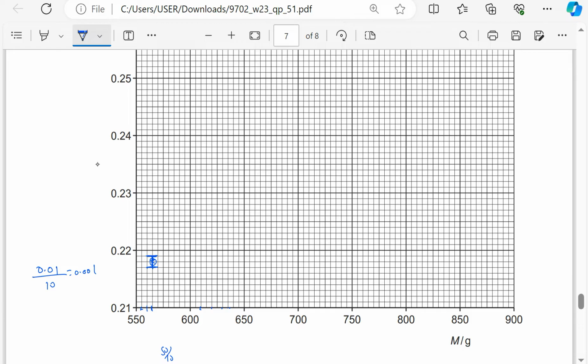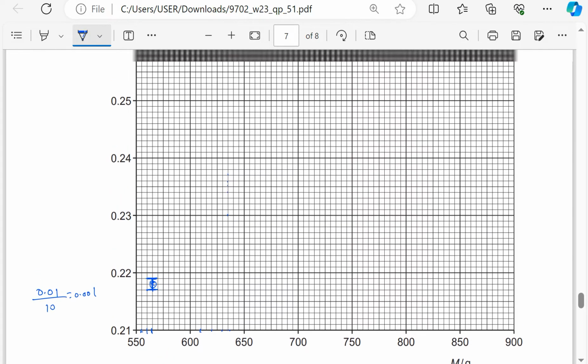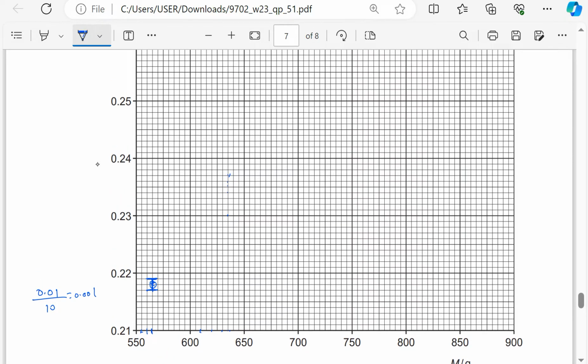It is after the 7th. Then 1, 2, 3, 4, 5, 6, 7. This should be a point which is somewhere here. Okay. 1, 2, 3, 4, 5, 6, 7 on the vertical. 1, 2, 3, 4, 5, 6, 7 on the horizontal. Okay, so that is the point.